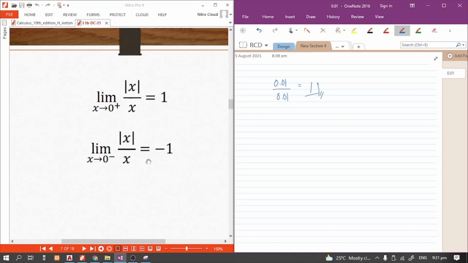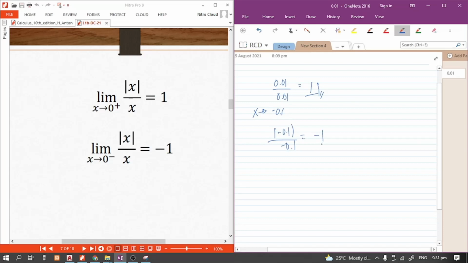On the other hand, if we are going to choose values of x that is less than 0, let's say x is equal to negative 0.1. So if we are going to substitute this to the given function, we have the absolute value of negative 0.1 divided by negative 0.1.